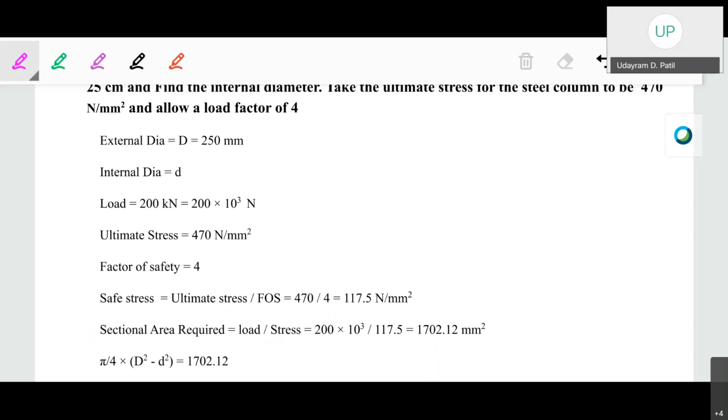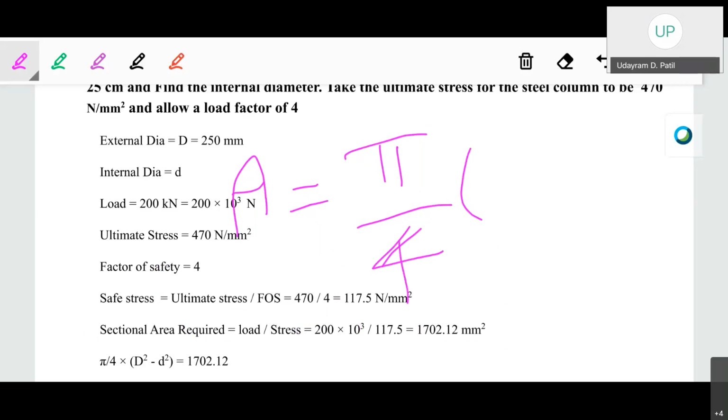Now we have the value of the area also. The area of the particular bar will be pi by 4 multiplied by external diameter square minus internal diameter square.